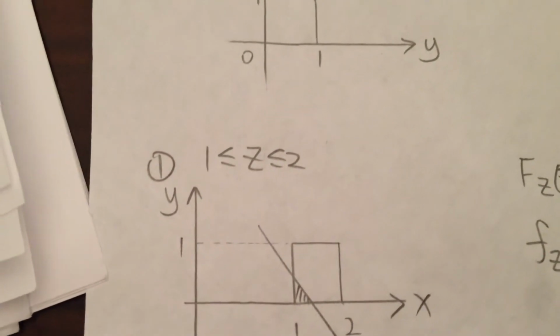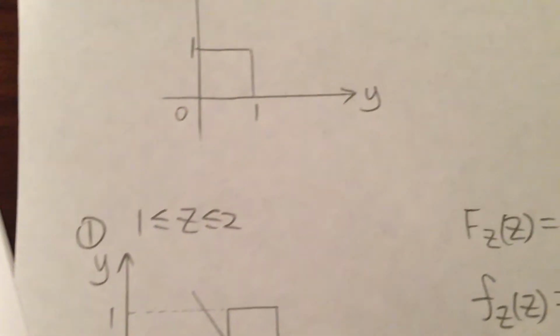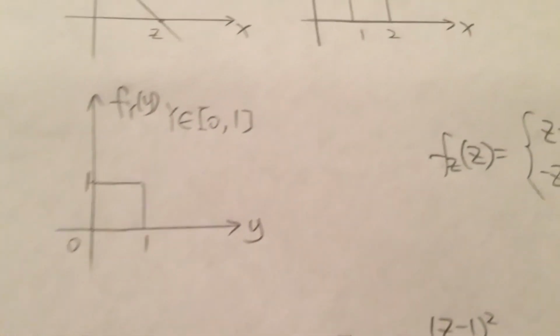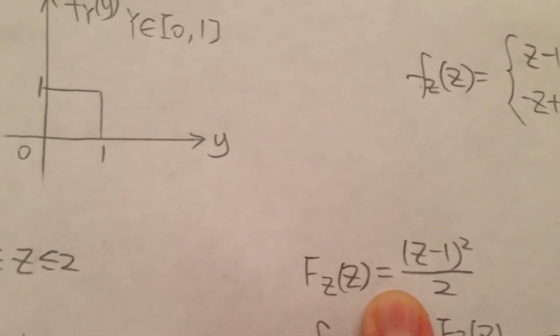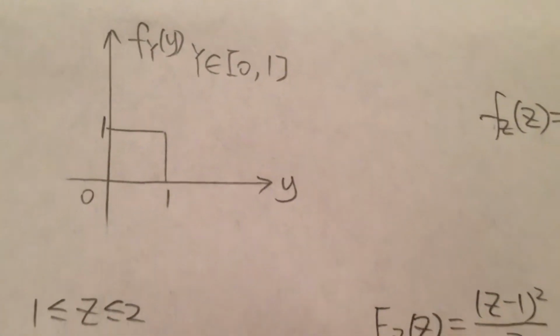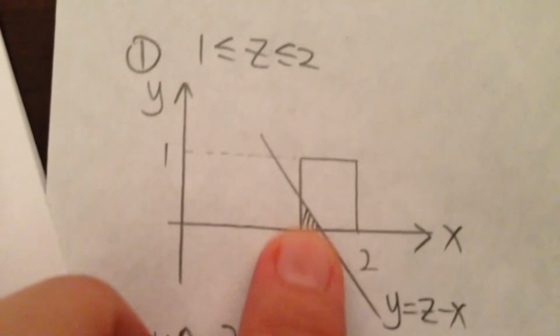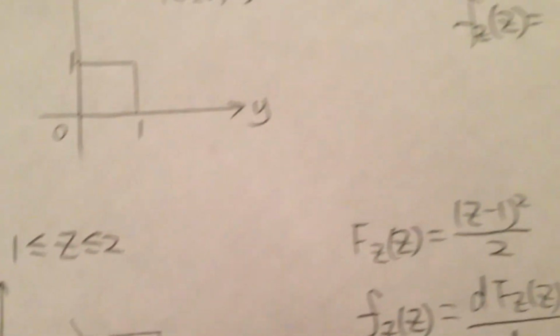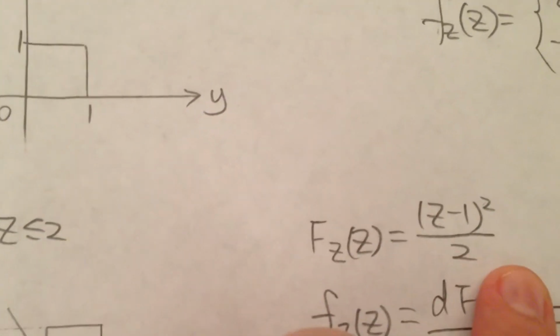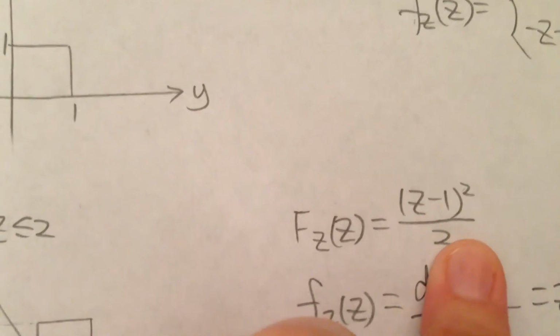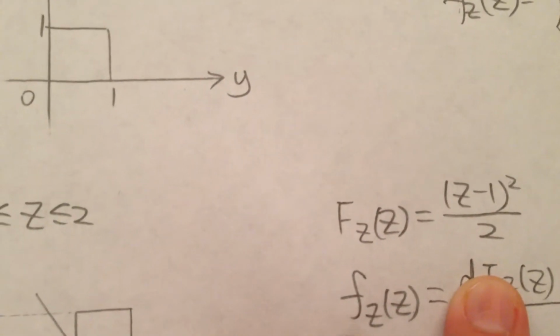In this picture, if we want to have the density function of z, we have to calculate the distribution function of z first. And it should be the area of the shaded region. Then capital F_Z(z) equals (z-1) to the power of 2 divided by 2.